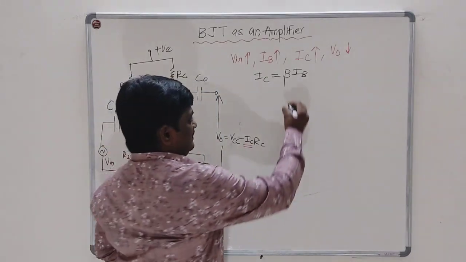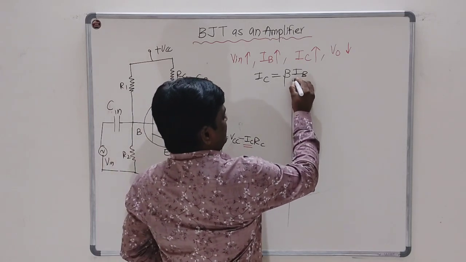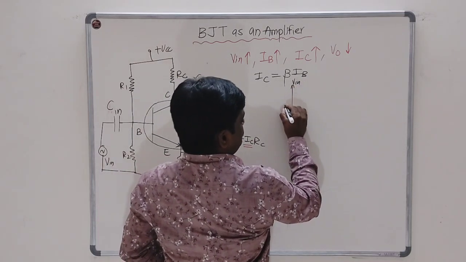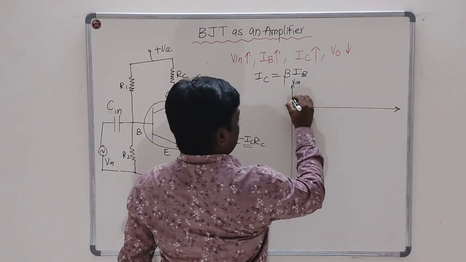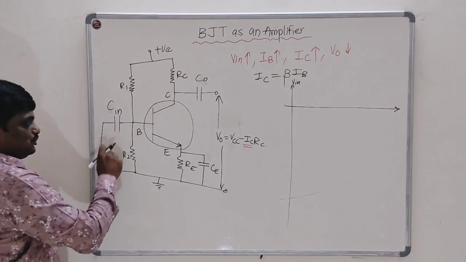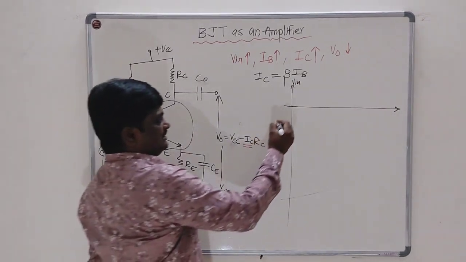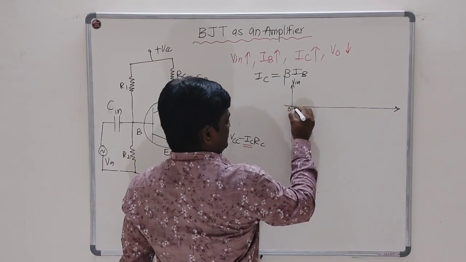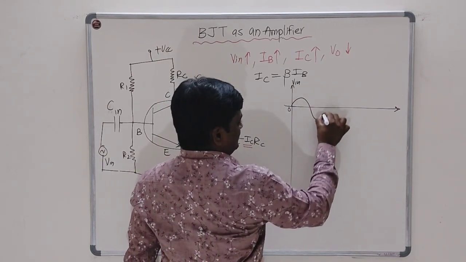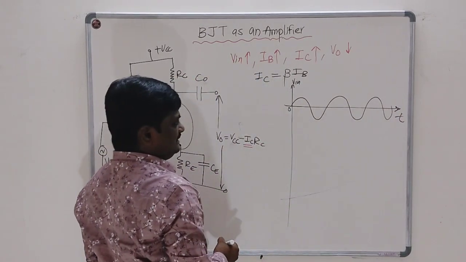See here, the first waveform is nothing but the input, which I am showing after the input coupling capacitor. So here you will have a 0 DC level, and the input is fluctuating above and below the 0 level, right?